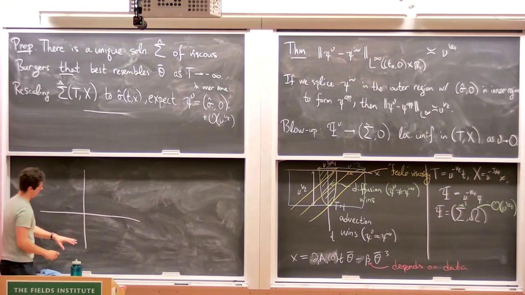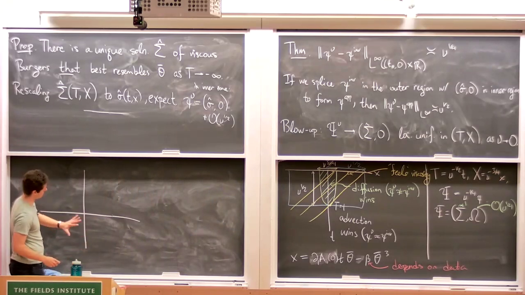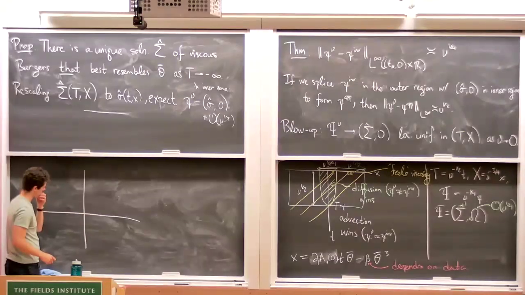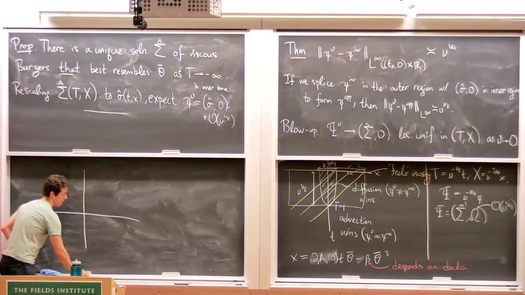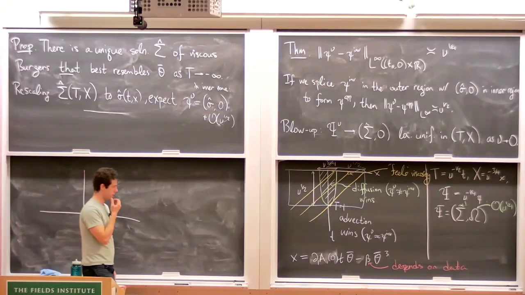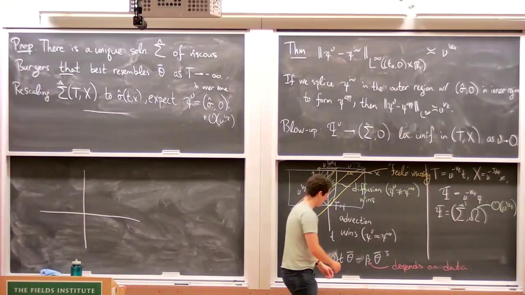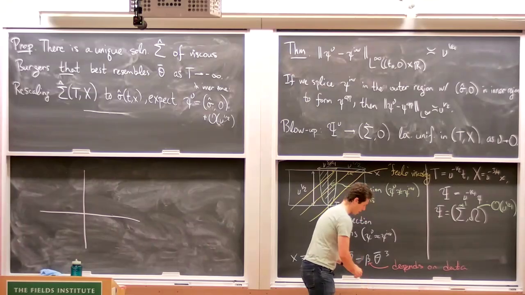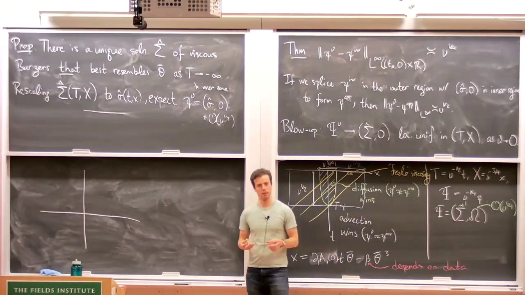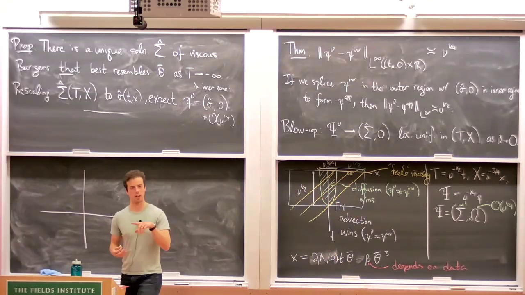So I'm thinking about a situation where the inviscid problem forms a gradient catastrophe at the origin, a non-degenerate one. And what happens after? In the inviscid problem, what happens after is the shocking component, per its name, is going to develop a shock, an actual discontinuity.